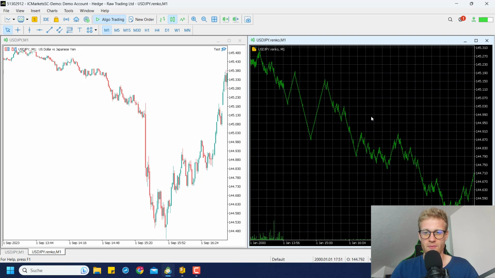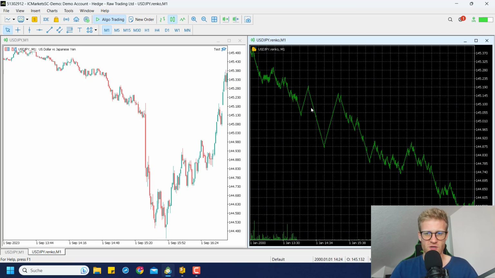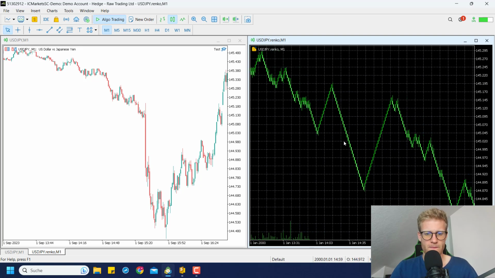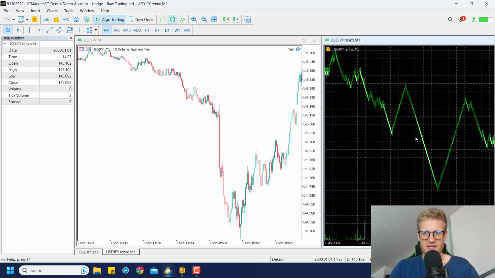Also, we have another interesting thing. This was another situation here, and here we can also see there were a lot of price jumps, and we can also always see this in the data window on the left side.